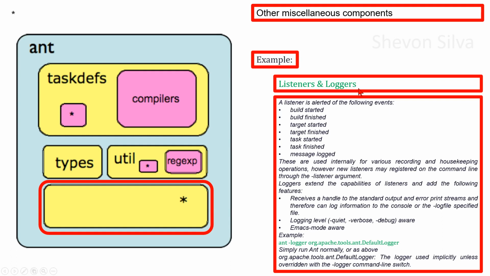Loggers extend the capabilities of listeners and add the following features: they receive a handle to the standard output and error print streams, and therefore can log information to the console or the file specified by -logfile. They are also logging level aware (-quiet, -verbose, -debug) and Emacs-mode aware.